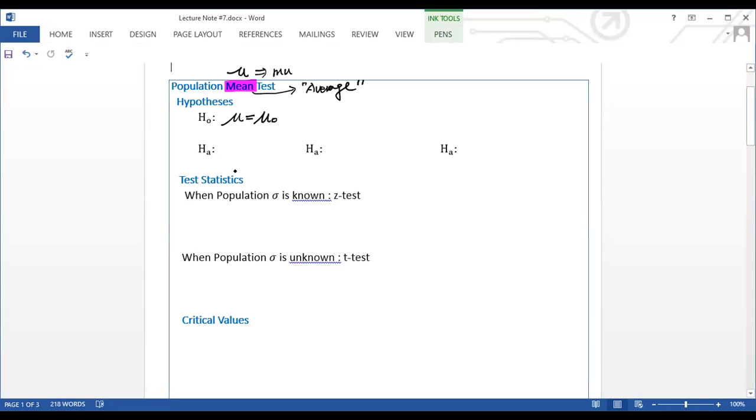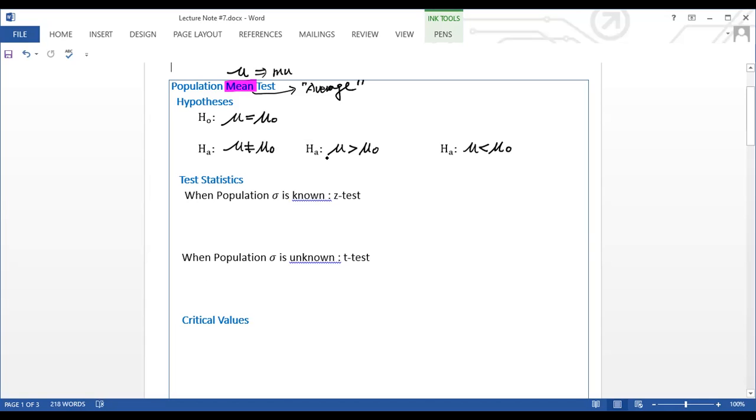Just like before, we have three different alternatives. Mu is not equal to mu 0, meaning I think the average family income is different from 65,000. Or mu is greater than mu 0. Or mu is less than mu 0.